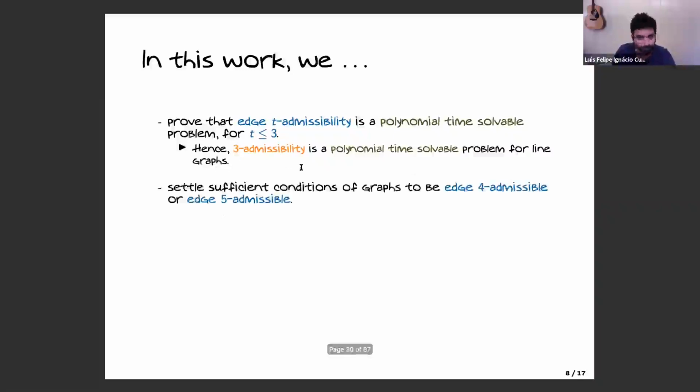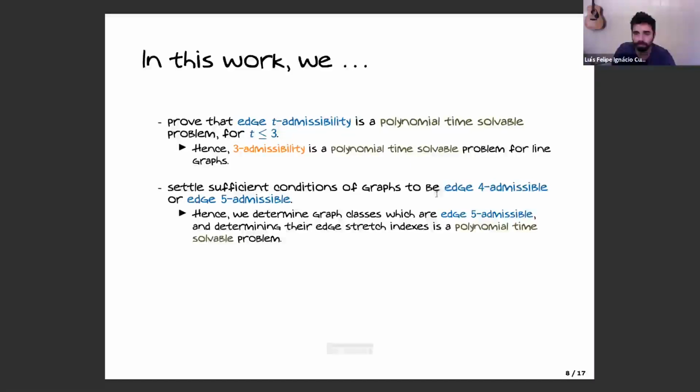Also, we establish sufficient conditions for graphs to be edge 4-admissible or edge 5-admissible, which implies that for the graph classes that we prove are 4-admissible, we are able to determine exactly their edge stretch index, because we can determine in polynomial time whether the stretch index is equal to 3, 2, or 1, as stated here.